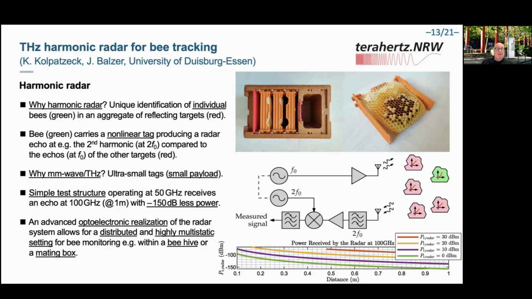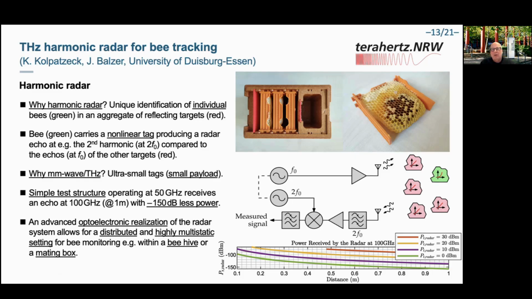Moving now to a third measurement system, a terahertz harmonic radar for bee tracking. The question is, why use harmonic radars? Harmonic radars allow a unique identification of individual bees. Here I show a schematic. The bee to be identified would carry a nonlinear tag.